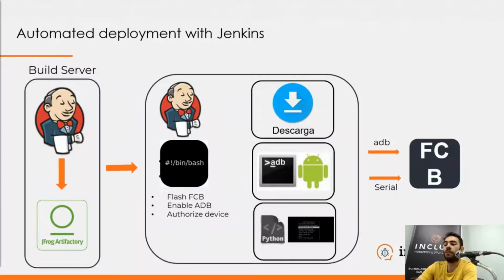And after that, we also have different scripts, for example in Bash and Python, that allow us to modify different configurations in the system. All these actions are performed by the ADB connection and the serial port connection into the device that we are going to use for the testing.